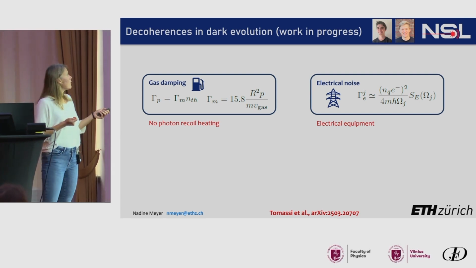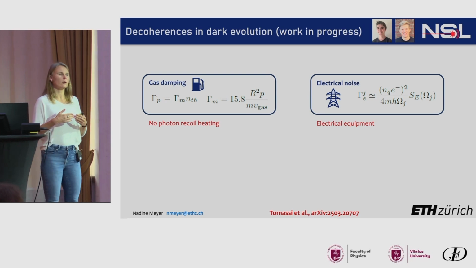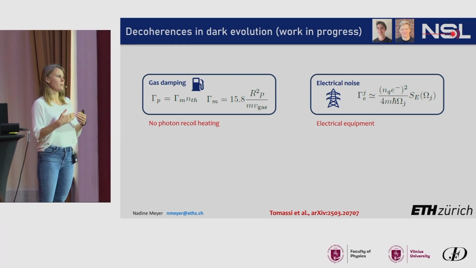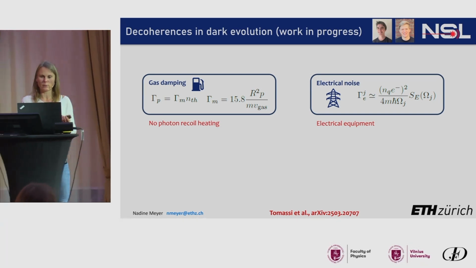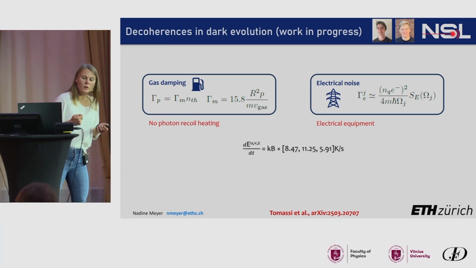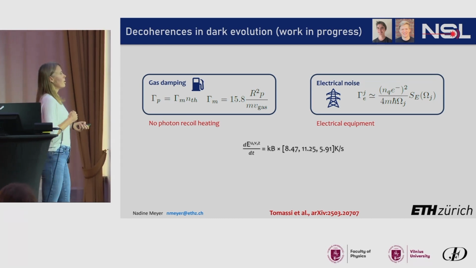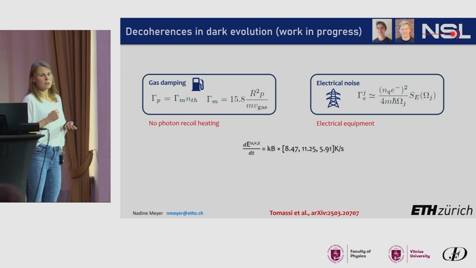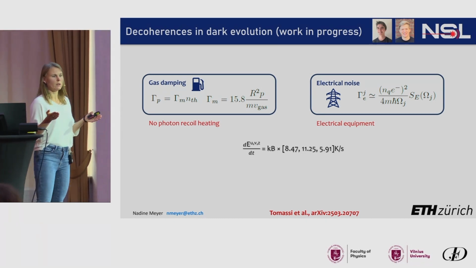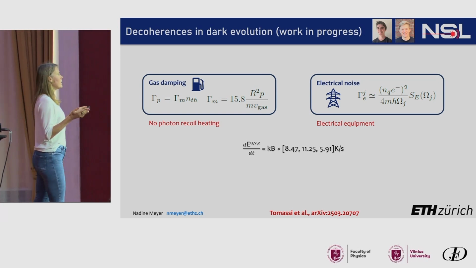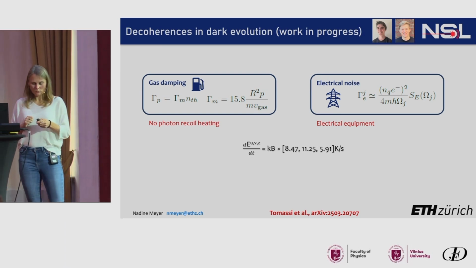And we will also have electrical noise, and in our case at the moment it's still the electrical noise from the electronic equipment and not, for example, anomalous surface noise heating as observed in ion traps. As a heating rate, we still recover tens of kelvins per second, and this means during the protocol times that we are doing this, you lose any kind of purity during this time.